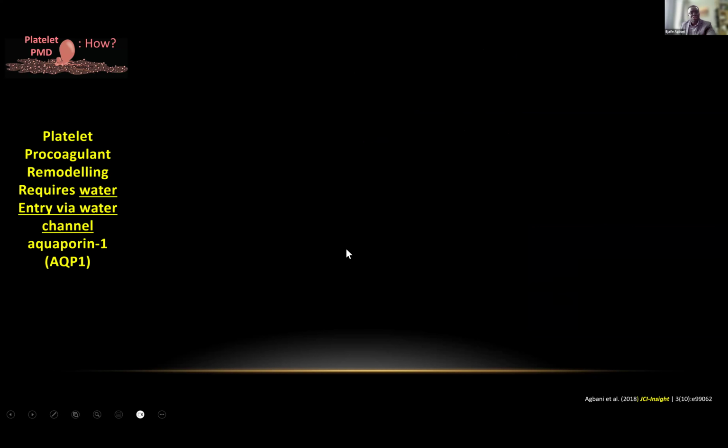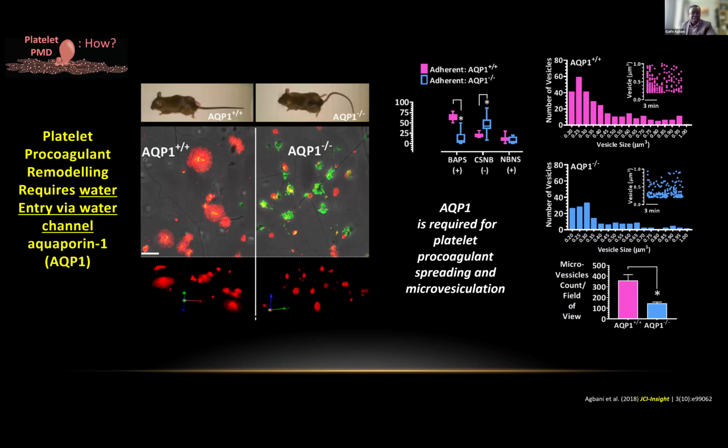Then we asked the question of the channel for the water entry. So what we did, using aquaporin-4 knockout mice, we established that the water channel aquaporin-4 is actually required for water entry. If you notice here, this is the wild type. We see the procoagulant spread platelets here, but if we compare that with the knockout here, what we are seeing really is more conventional spread non-ballooned platelets.